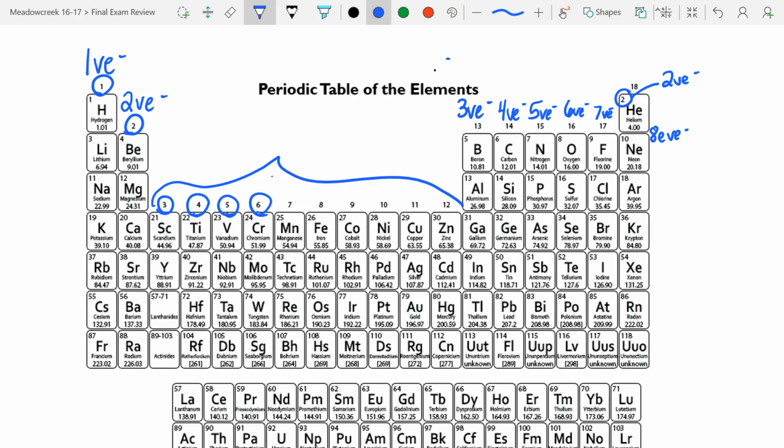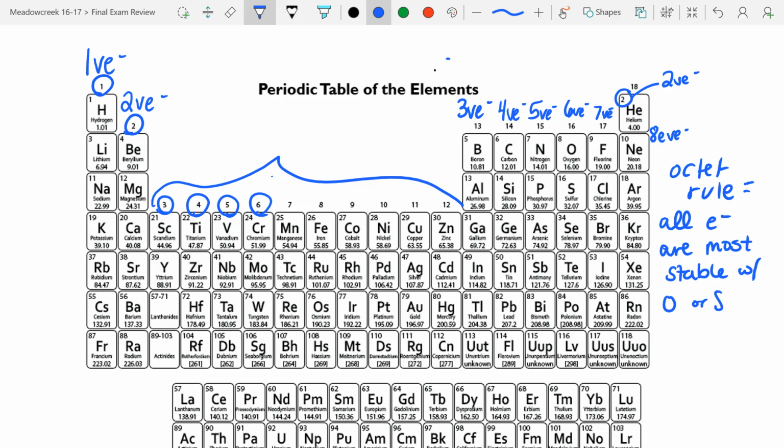It's completely filled up. Now, there's this thing called the octet rule that says all electrons are most stable. I've used stability in terms of like happiness. So all electrons are most stable with 0 or 8 valence electrons.